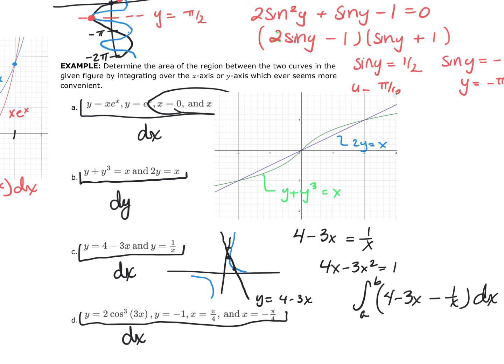You can see from my graph that they're going to cross at 2 and -2. So I'd integrate, and this is symmetry, so I'd do 2 times from 0 to 2. That's because it gives me this, and symmetry gives me the other side. That's why I multiply by 2. In this region, the 2y is the upper function, or the most right function, and the most left function is y plus y cubed dy. Don't forget parentheses, so you remember to pull that negative all the way through.